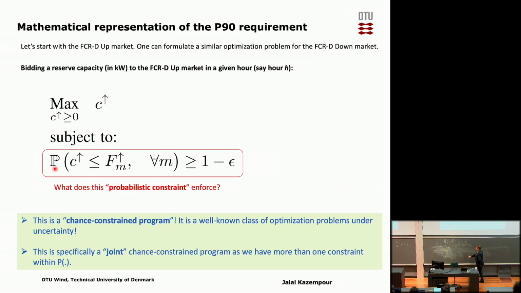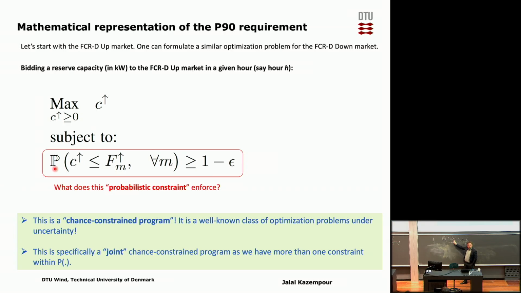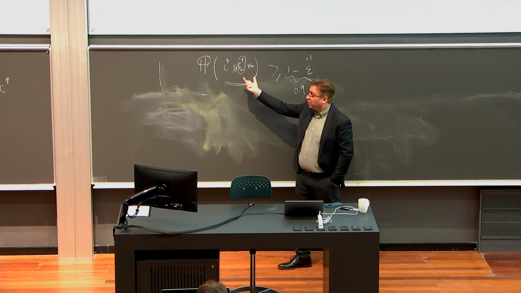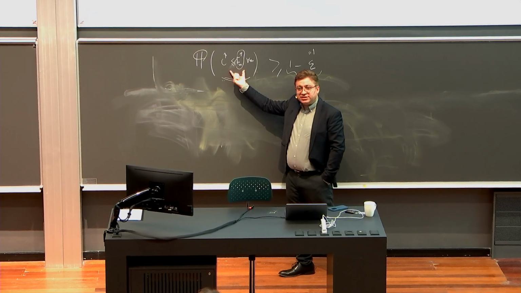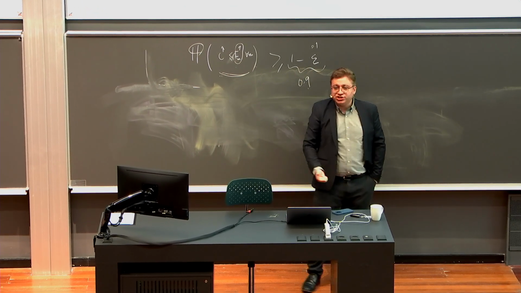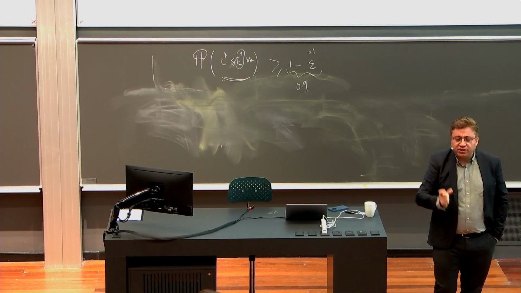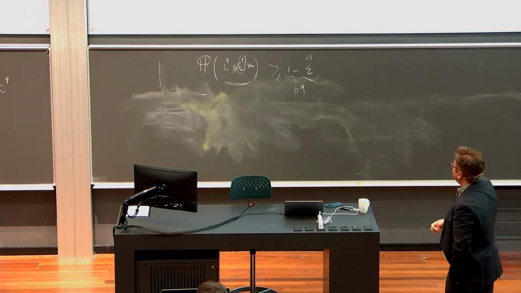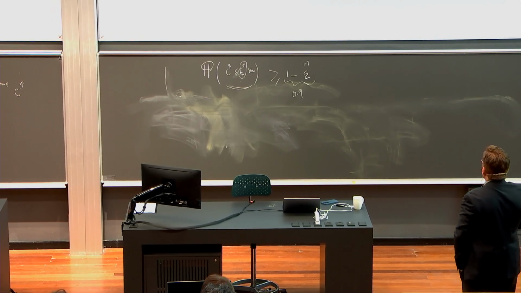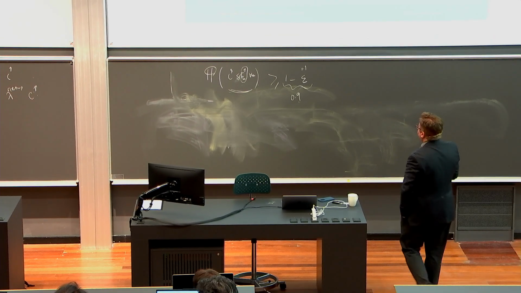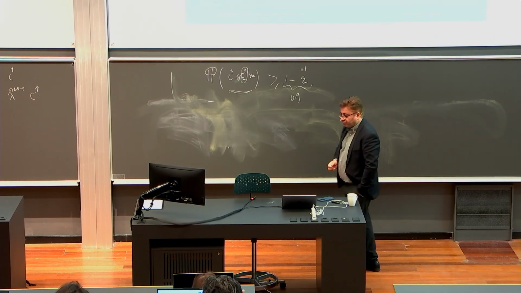It's a joint chance constraint because here you have multiple constraints, one constraint per minute. So if you have 60 minutes, you have 60 constraints here. You can also have a single chance constraint with only one constraint, but here it is a joint chance constraint. We have more than one constraint within function P.